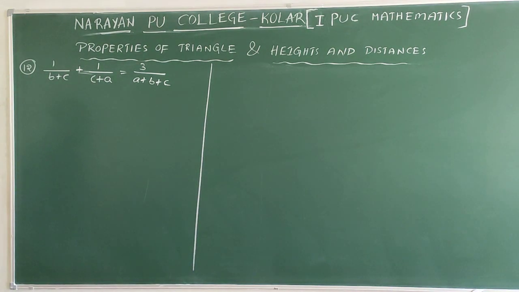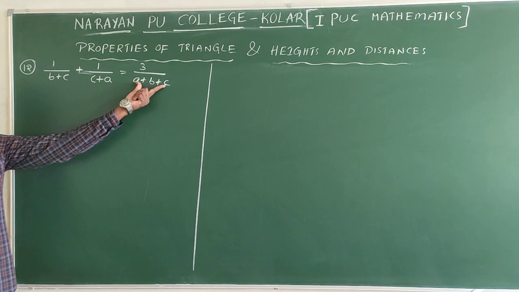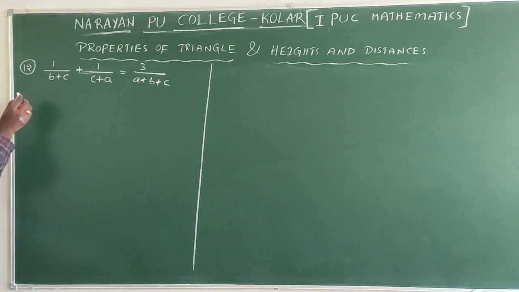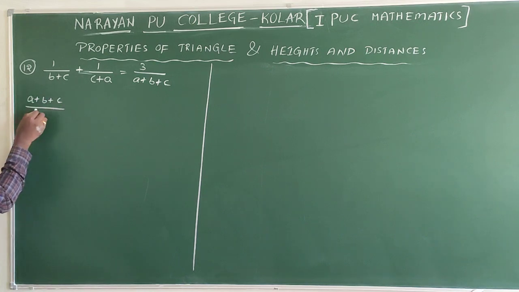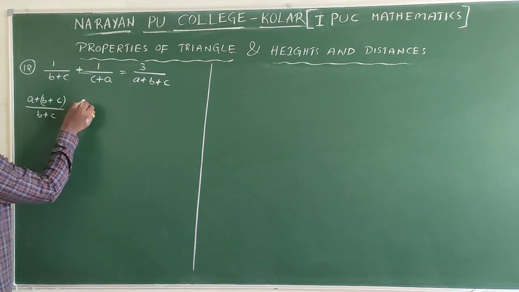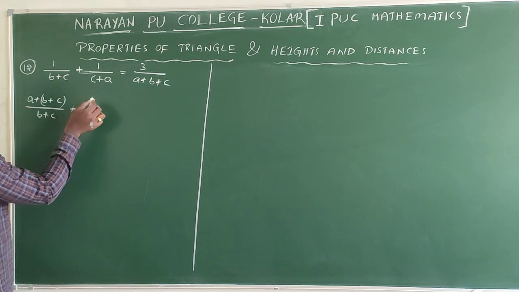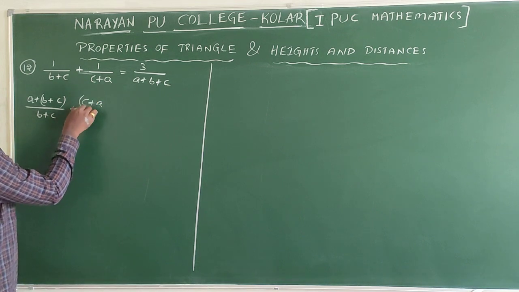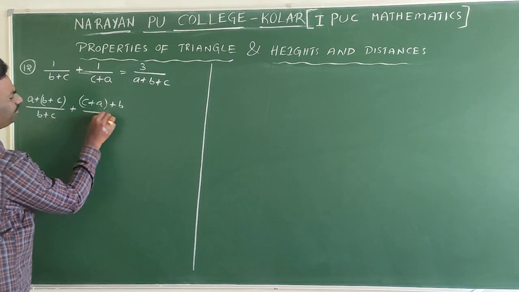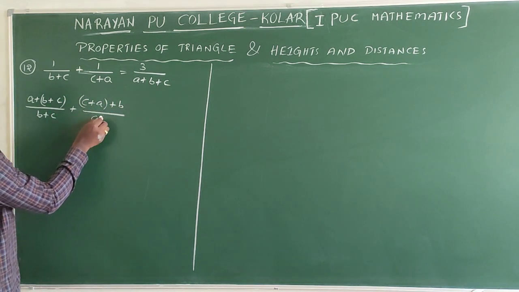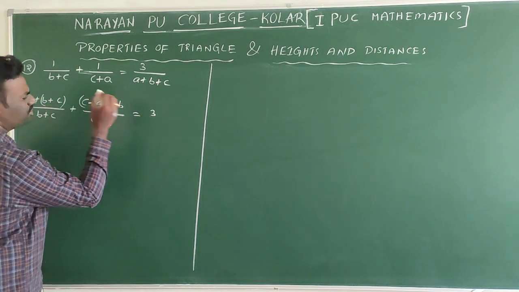Now you send this denominator to left side. Now it becomes numerator. A plus B plus C by B plus C. I will take bracket for these two. Now here A plus B plus C, I can write C plus A plus B, by C plus A, that equals to 3.